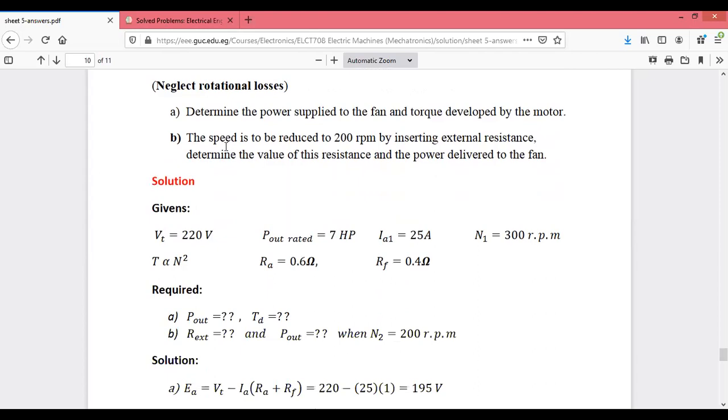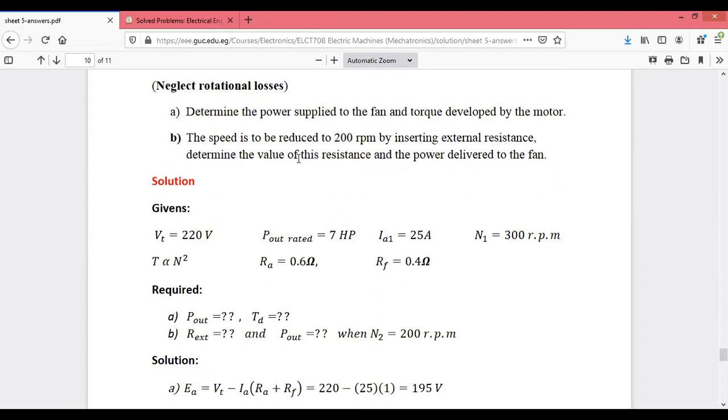In the second question, the speed is reduced to 200 rpm by inserting an external resistance. You are supposed to find the value of the external resistance and the power delivered to the fan.